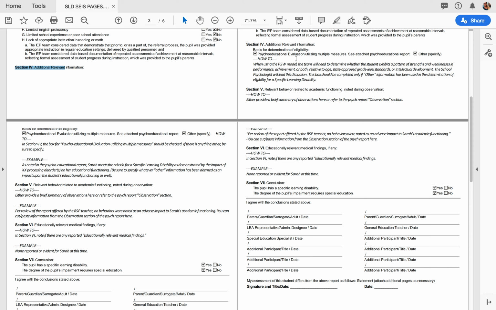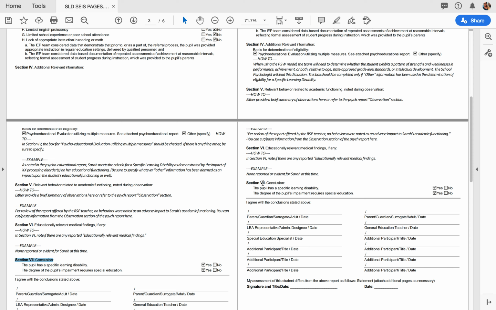Section 5: either provide a brief summary of observation or refer to the observation section of the psych report. In section 6, which is here and then here, you're going to note if there are any educationally relevant medical findings. And then in section 7, which is the conclusion for both sides, the team will need to conclude by checking either yes or no.